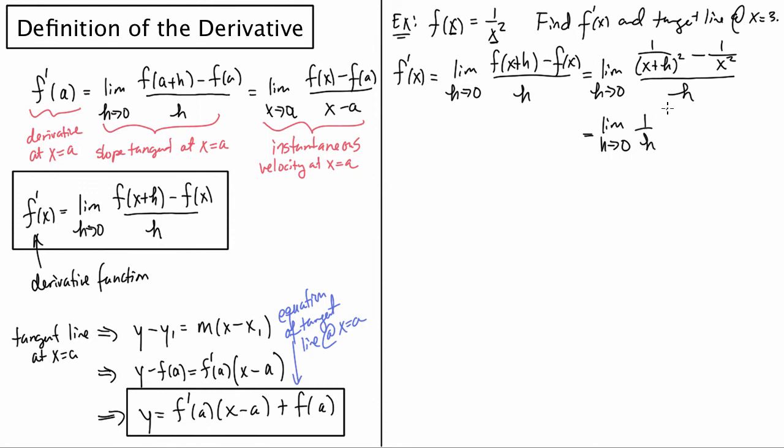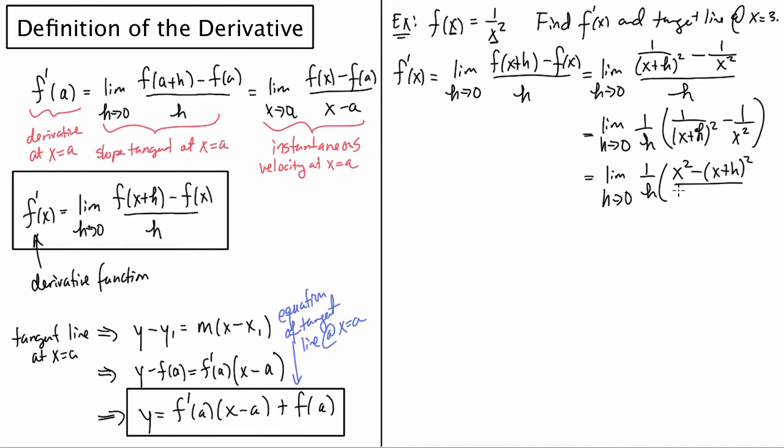So let's do 1 over h times the two fractions in the problem here. This is probably the best way for most students to deal with it. Now we're going to get a common denominator for the fractions inside the parentheses. And that's easiest by cross multiplying and then multiplying the denominators together.